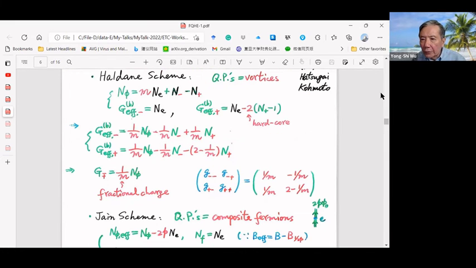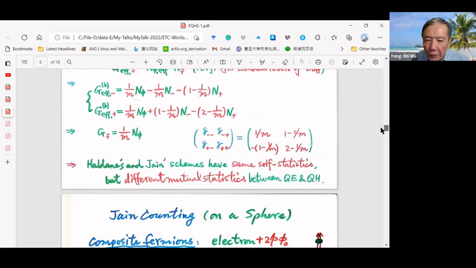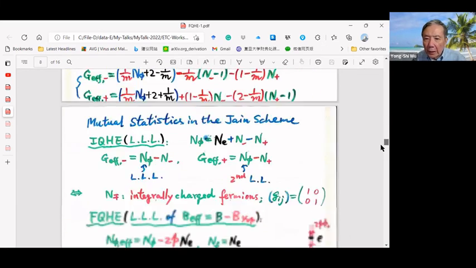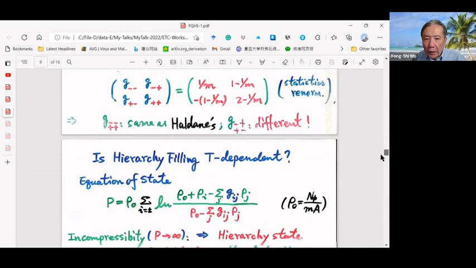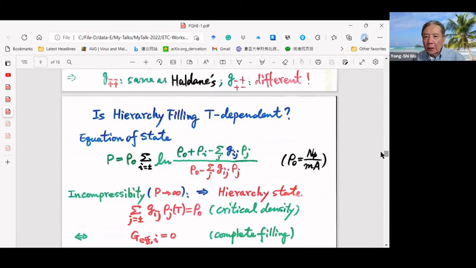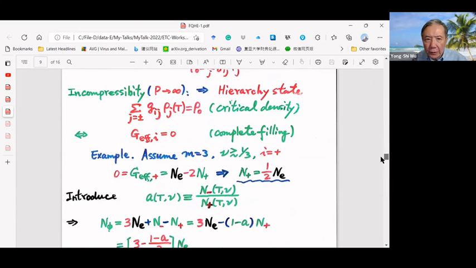This is Haldane's result. So with these statistics, we are able to consider thermodynamic variables, for example, the equation of state for the quasi-electron and quasi-hole mixed system.